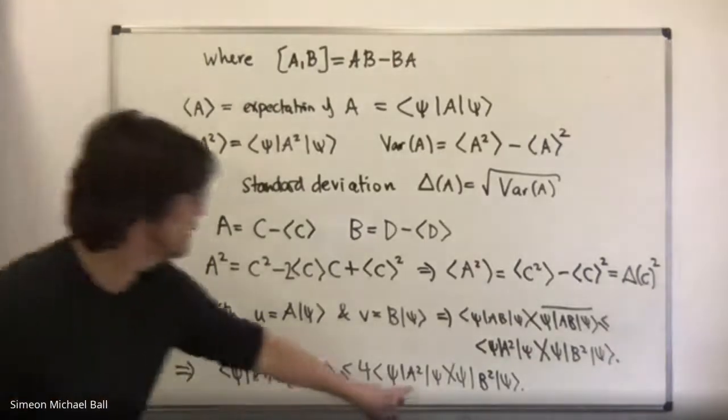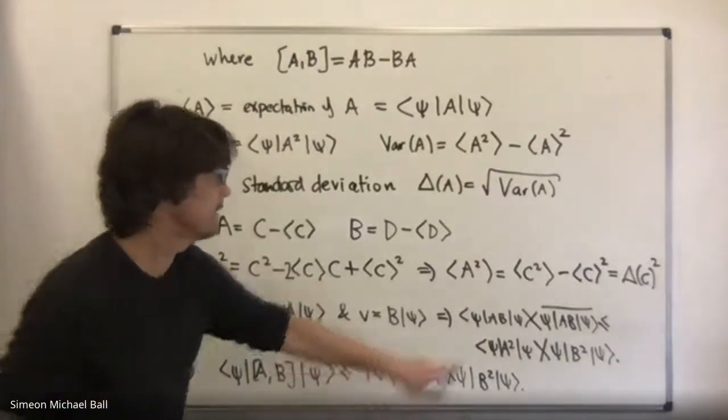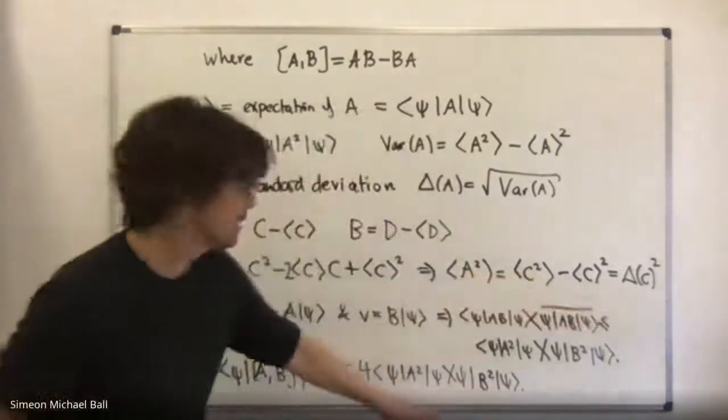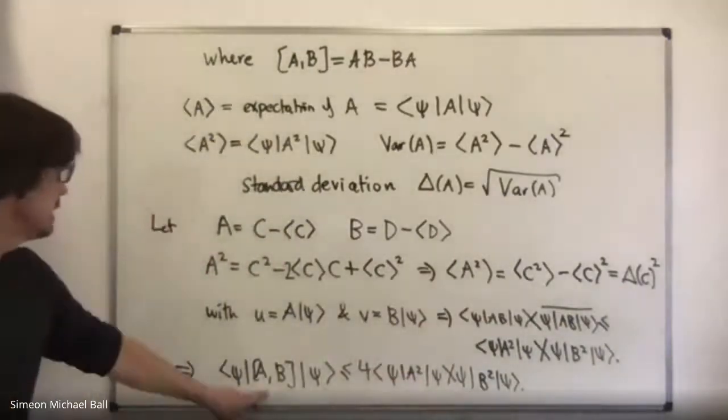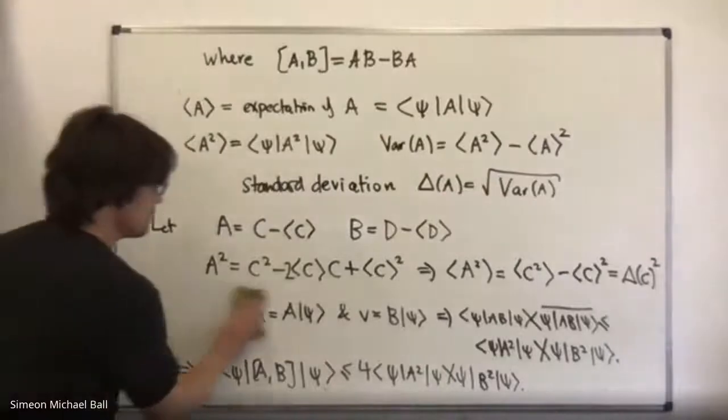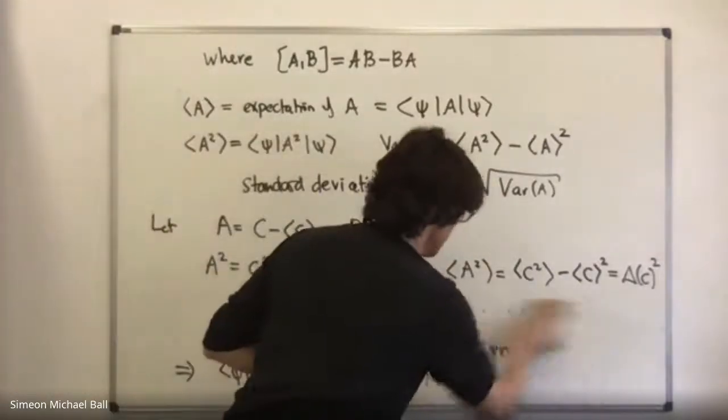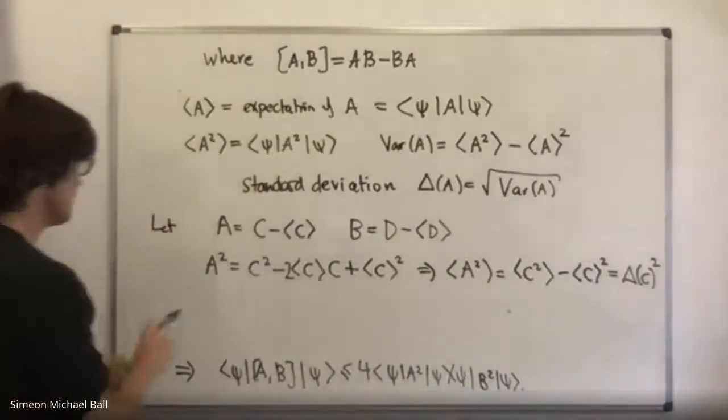So you see down here, this is really nothing more than the standard deviation of C squared. And here we have the standard deviation of D squared. And all we need to do now is just calculate what is the commutator of A and B in terms of this.